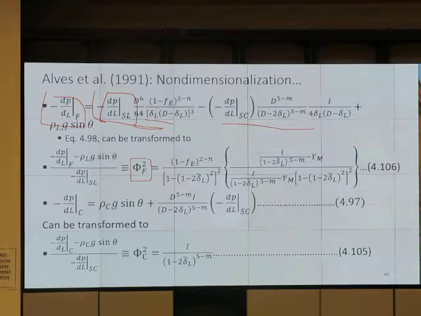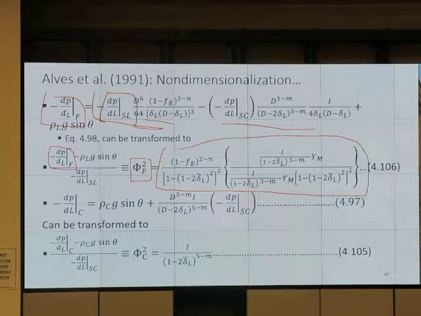So the actual frictional pressure loss can be written in terms of dimensionless parameters alone by grouping it like that. It's just a map based on this equation. Where does this equation come from? Mass and momentum balance for the film zone.